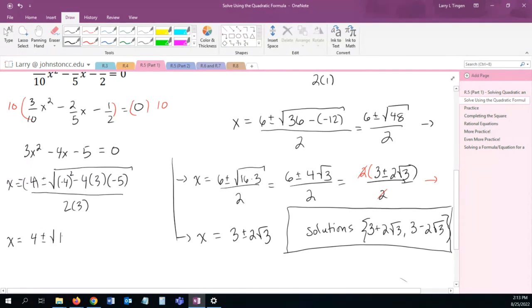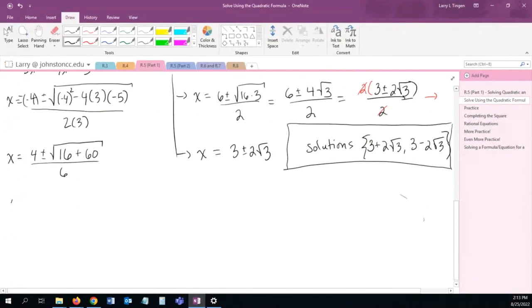So that's going to be 16, and that's going to be minus negative 60, which is going to be plus 60, divided by 6. And 4 plus or minus the square root of 76 divided by 6.